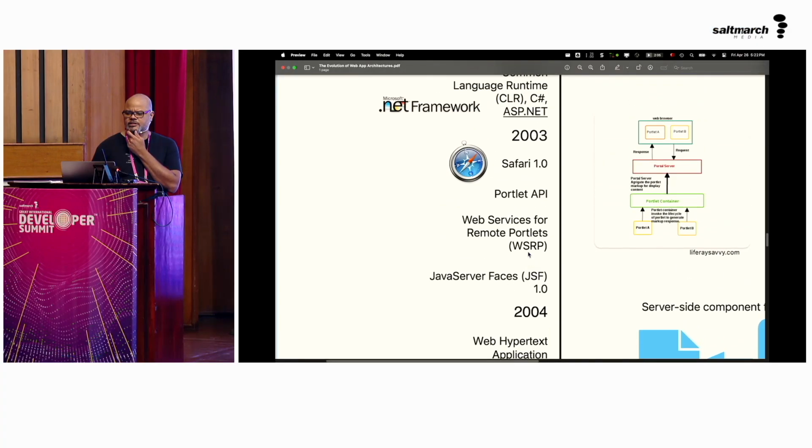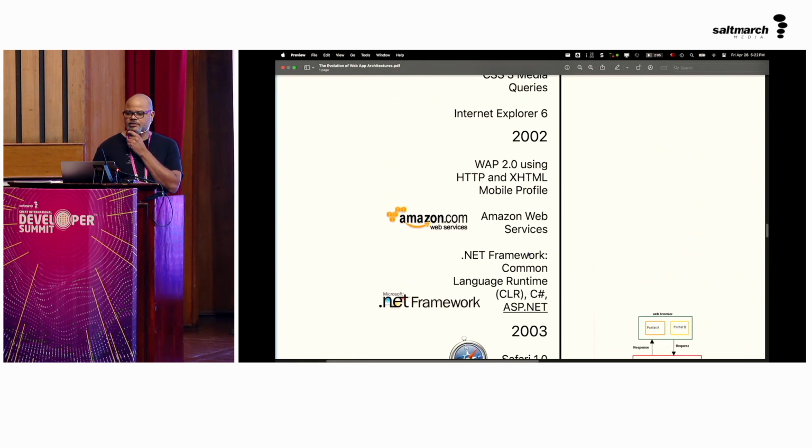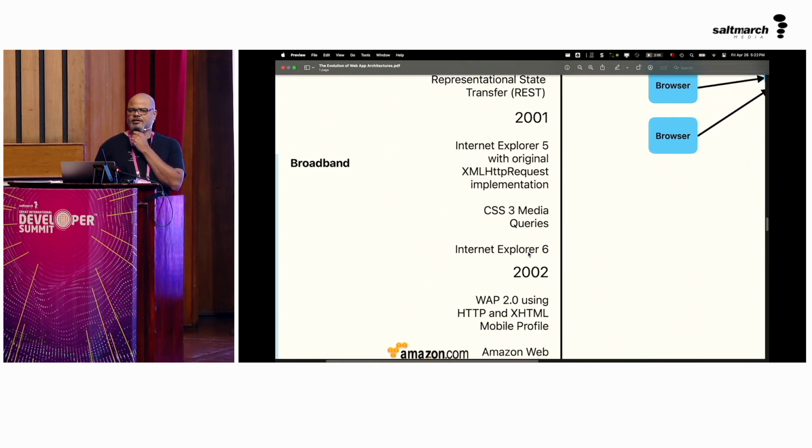Does anyone remember when Internet Explorer 6 came out? Let's see, Internet Explorer 6. There it is, 2001.